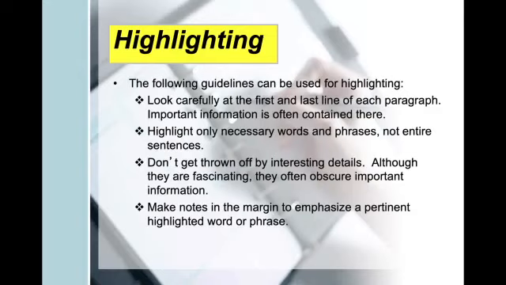Don't get thrown off by interesting details. Although this might be a fascinating topic to you, it might often obscure the important information you should be highlighting. And then, of course, make notes in the margin to emphasize a very important highlighted word or phrase. If you've highlighted a bit, but there's something that is extremely important, you're going to want to highlight it, and you're also going to want to make a note near it.